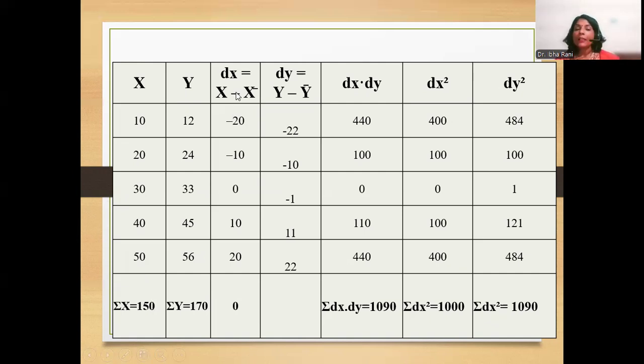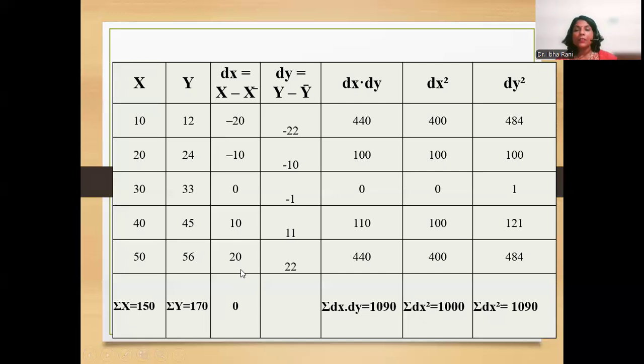Now we will calculate the dx value, meaning the x variable should be subtracted by the value of the x average, which is 30. So 10 minus 30 is minus 20. 20 minus 30 is minus 10. 30 minus 30 is 0.